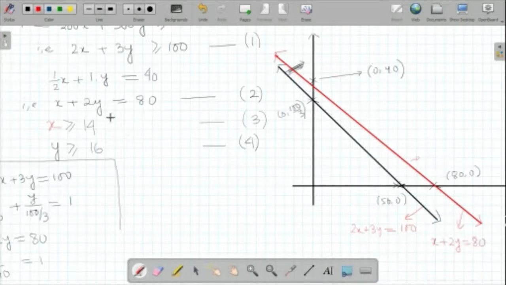Next thing, the region. This region is greater than or equal to, so it will be like this only, right?